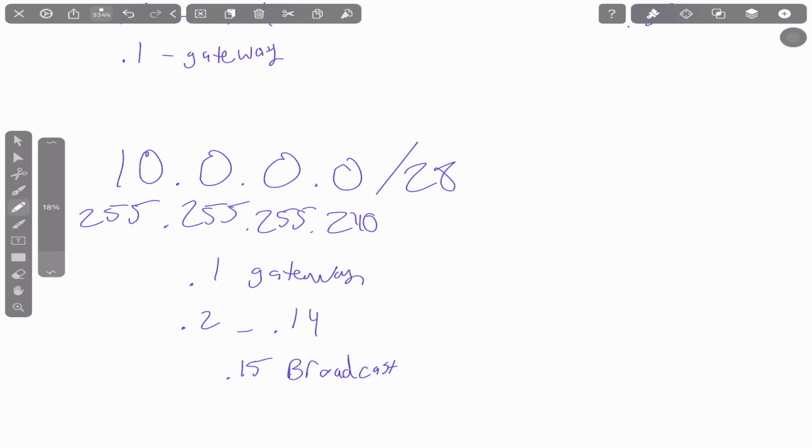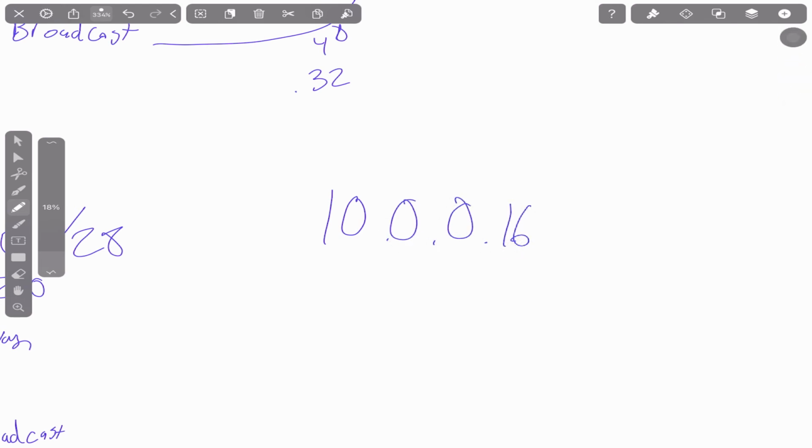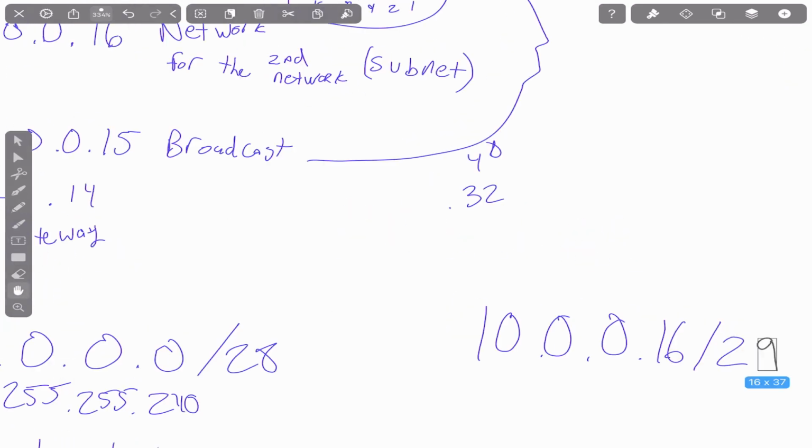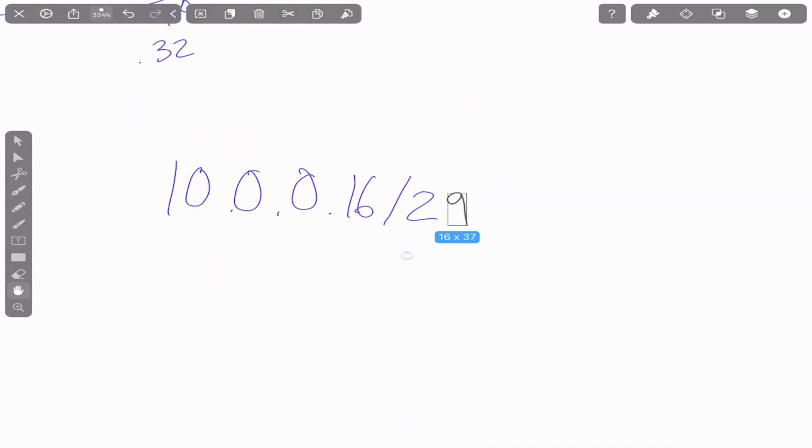Now, with a /28, the next subnet up, if we were to continue, would be that 16. So that 10.0.0.16, instead of a /28, we're going to make it a /29. What that means now is we simply do the same process we did here, but on this 10.0.0.16.